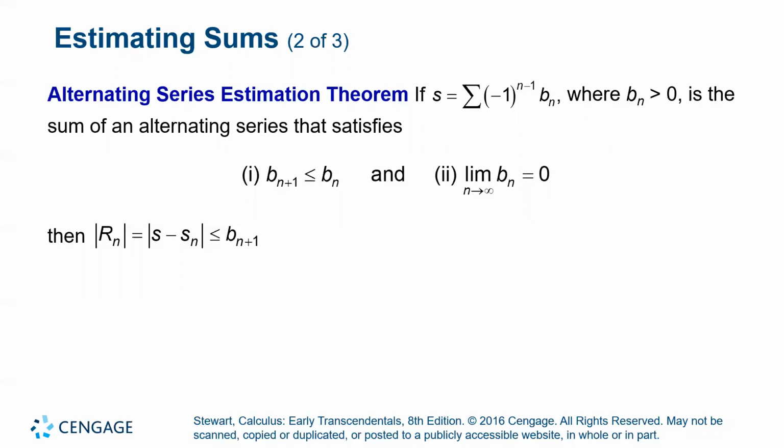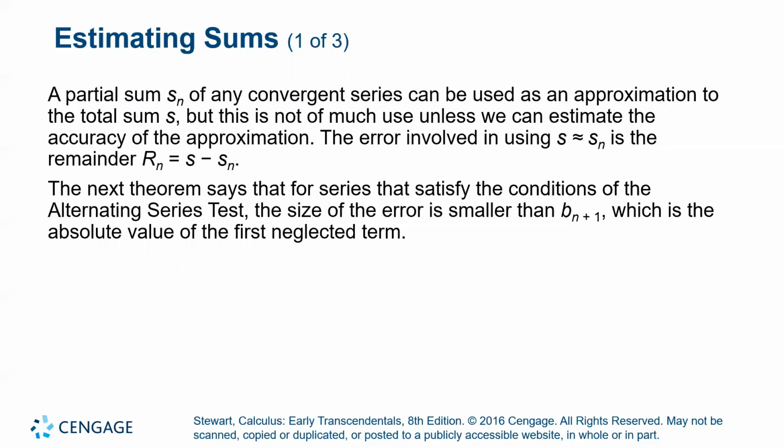This is powerful because it says that your remainder, or your error, is always going to be less than or equal to whatever the next term was. And that's what the previous slide was trying to say.